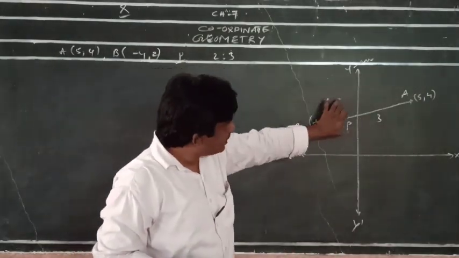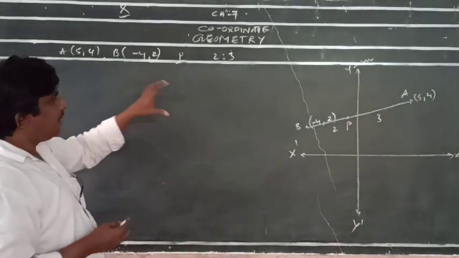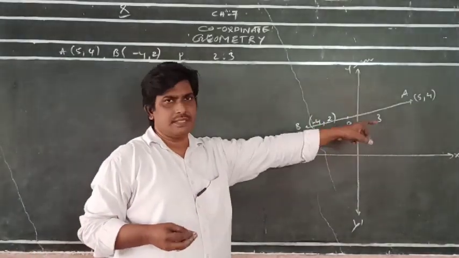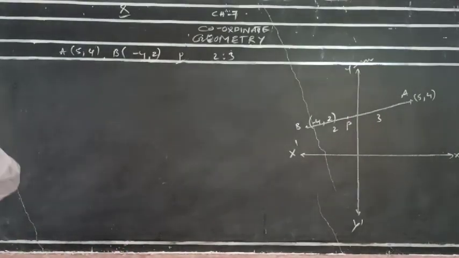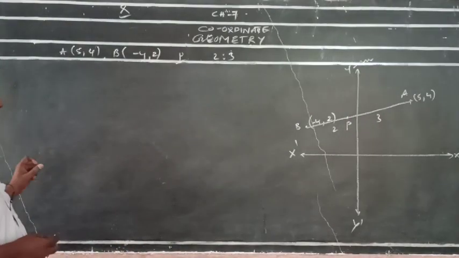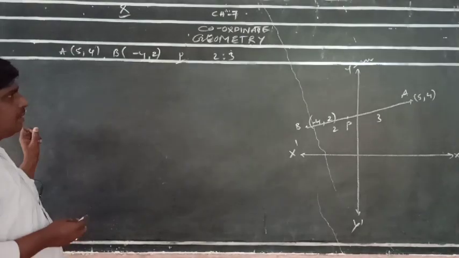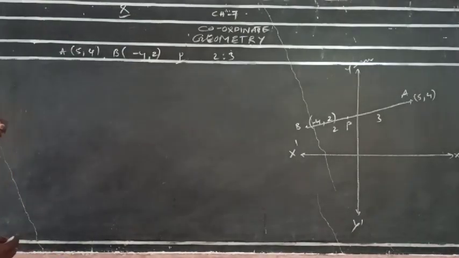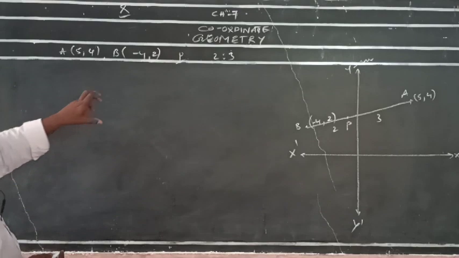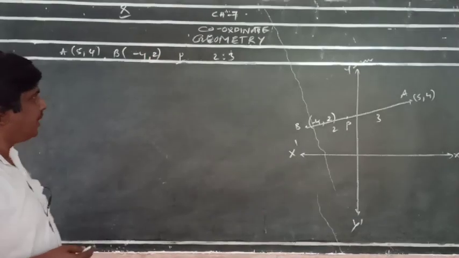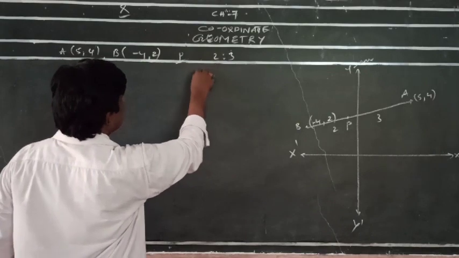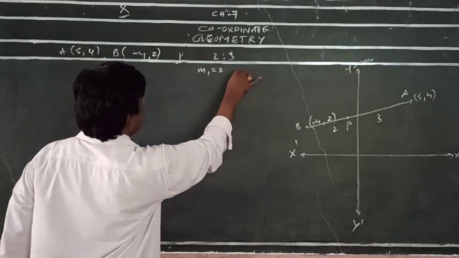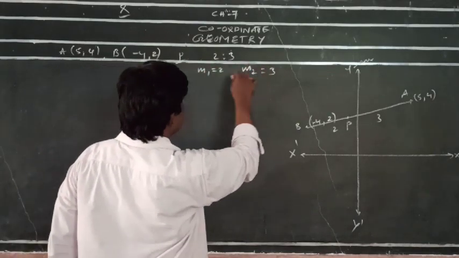Then how do we find this point? Here point P means (x, y). This point is dividing internally, so we will use the formula (m1x2 + m2x1)/(m1 + m2) and (m1y2 + m2y1)/(m1 + m2). So how do we find the coordinates of that point? Here A is given, B is given, and m1 is 2 and m2 is 3.